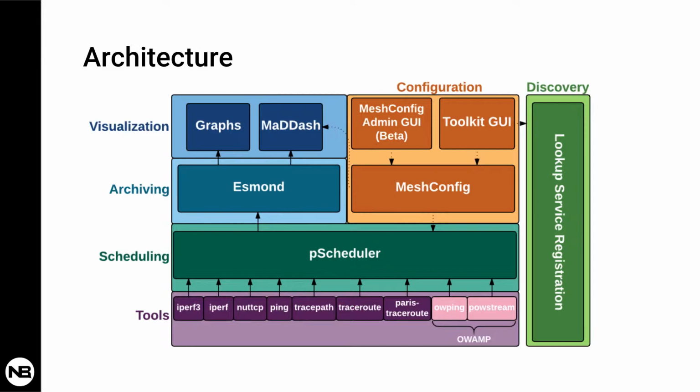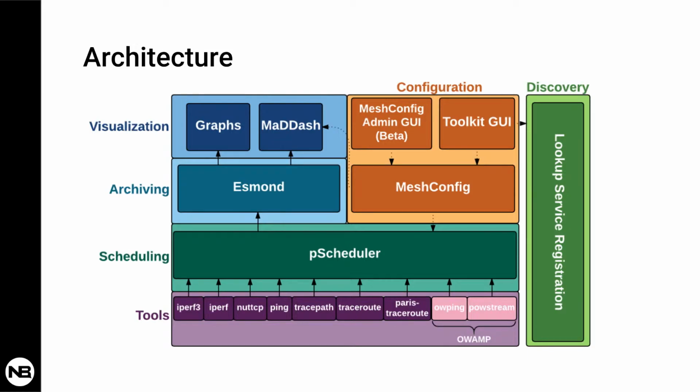In the upper layer, you'll find the archiving, esmond, which runs a hybrid type of database. The real-time data logged by the perfSONAR tests is saved raw on an RRD type of database, and then it's displayed in graphs in the upper layer, as you can see.